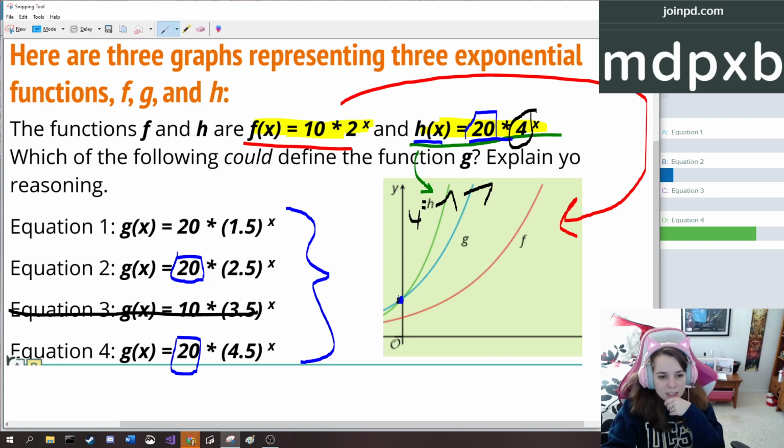Now, because these are positives, and this one is h here, and then g is over here, h in the negatives is slower, and in the positives, it's faster. G in the negatives is faster, in the positives, it's slower. So that means g's rate has to be less than 4.